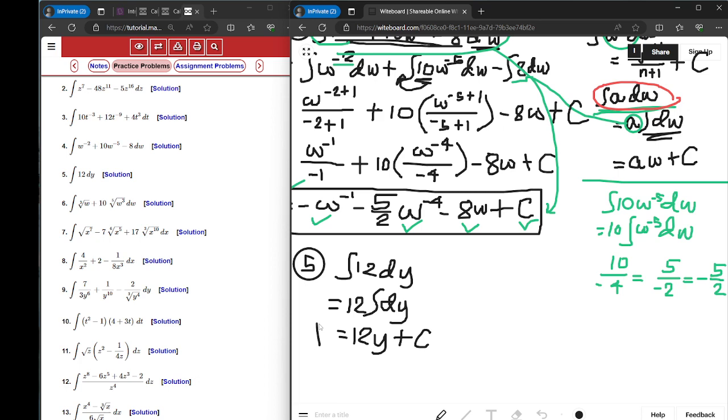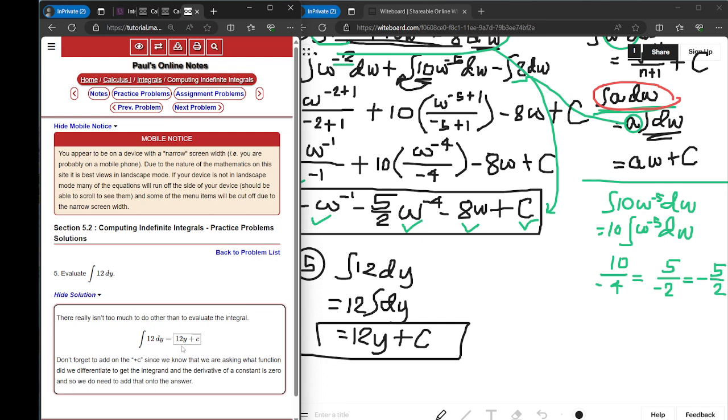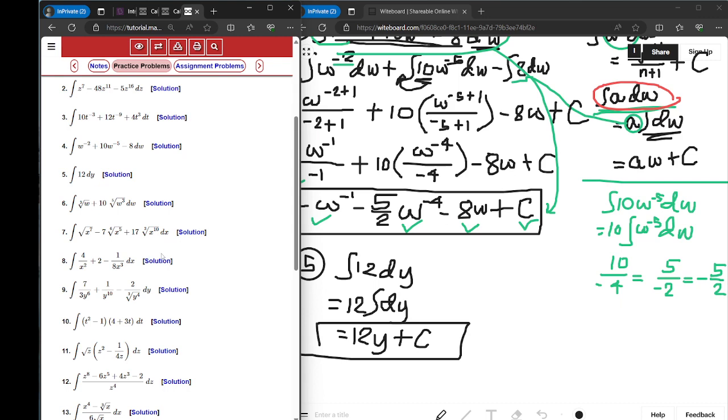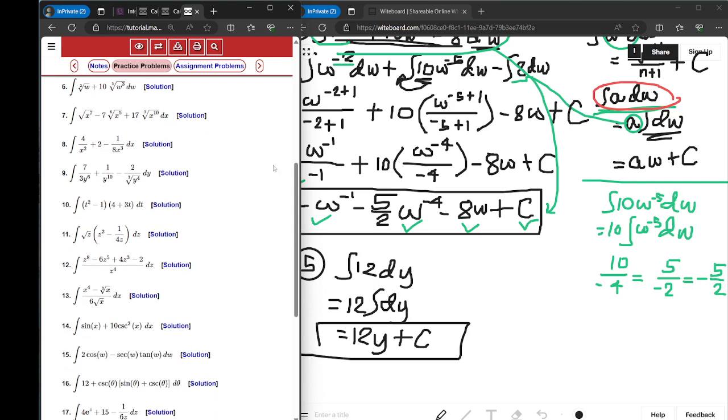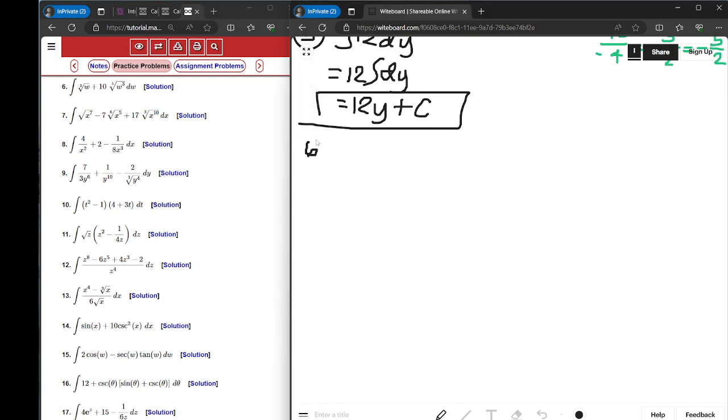If we want to verify if this is correct, let's check the solution of Paul. That's 12y plus c. Then we have here some radical signs. So let's try to solve number 6.